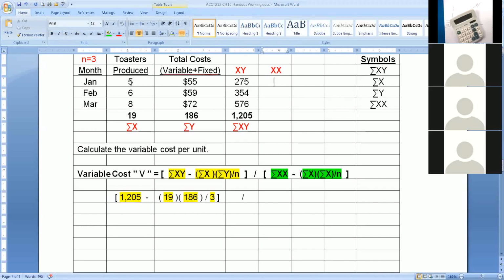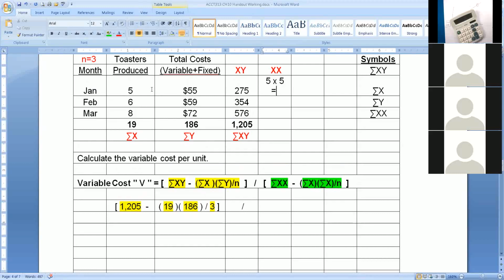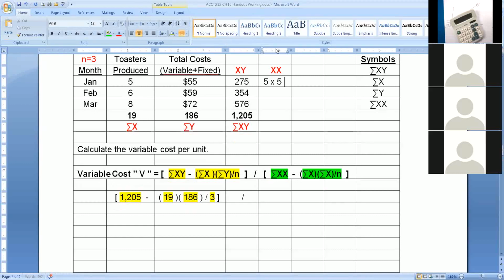So I'm going to take 5 times 5. I'm going to get rid of a row here. Okay, column. I don't know. What am I doing?